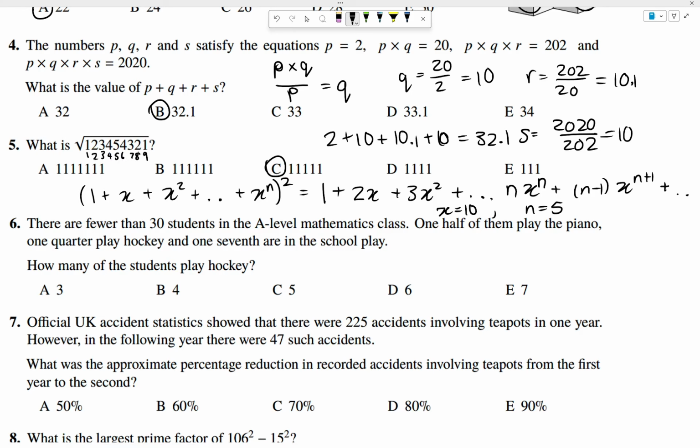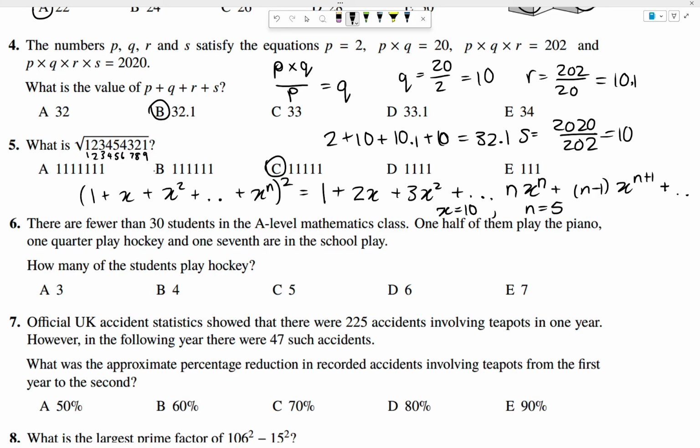We have 9 digits. So if we square a 3-digit number, we're never going to get a 9-digit number. If we square a 4-digit number, we're also never going to get a 9-digit number.